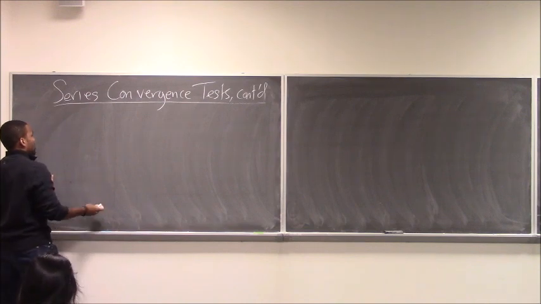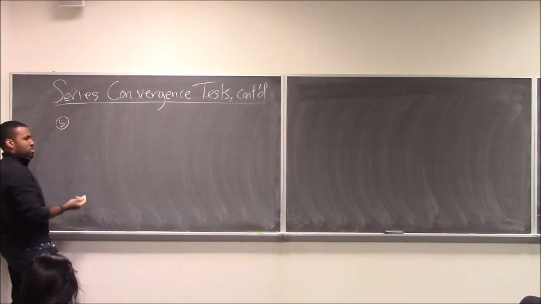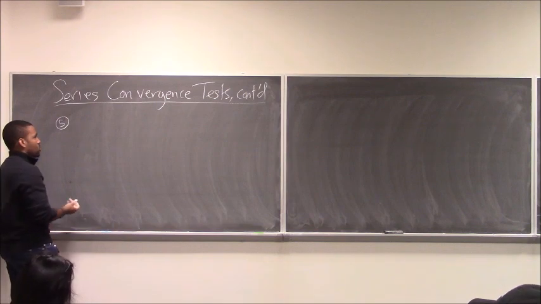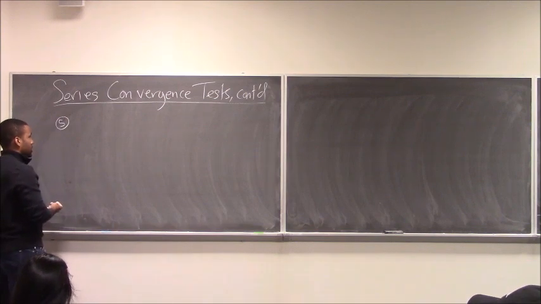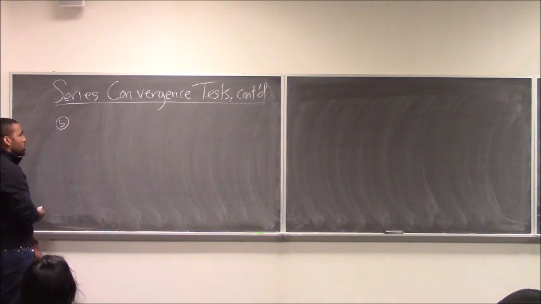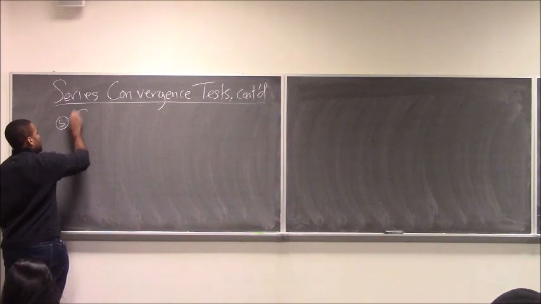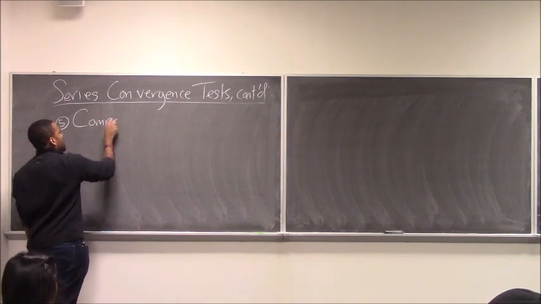So, what are we on now? Number 5? Or did I start at 0? I don't remember what I started. Like number 5? Yeah, I guess so. We're on number 5 now. Okay. So we did everything I wanted to do for the integral test. I mean, there are many more examples that you can do, and we'll talk about that when we get to it. But the next test is called the comparison test.